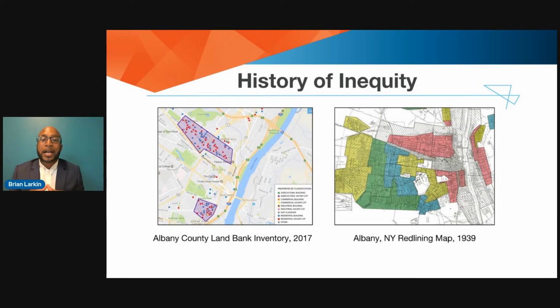And now you have these pockets that, as we fast forward a generation later, are where our land bank inventories are. So when we're looking at how we're working to address this inventory, we can't just look at the transaction level, because it wasn't just an individual transaction that led to that. It was a large aligning of policies, practices, and community values that helped depress these values, which in turn led to this current challenge that our entire community is experiencing.